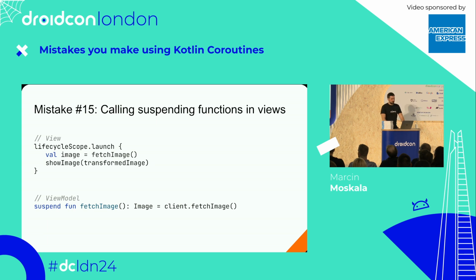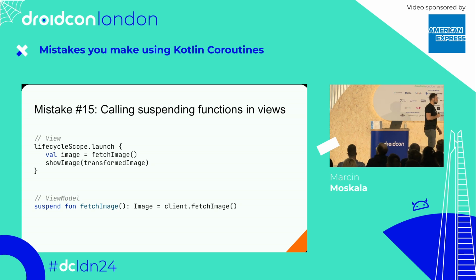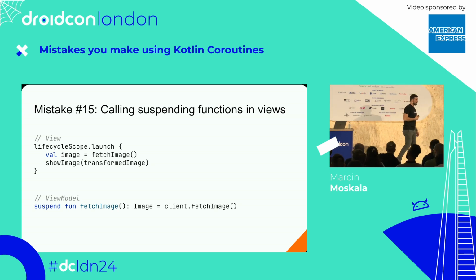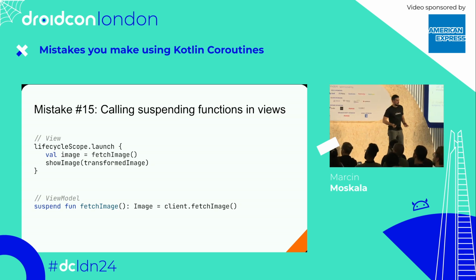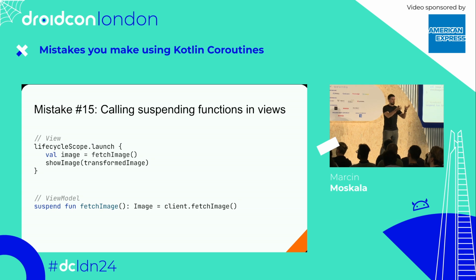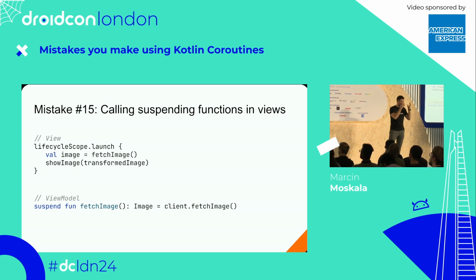Now, a very Android-specific mistake. You see, there is a reason why we have the architecture where the view models represent their state via mutable state flow that is observed by views, and not exposing suspending functions or something like that.